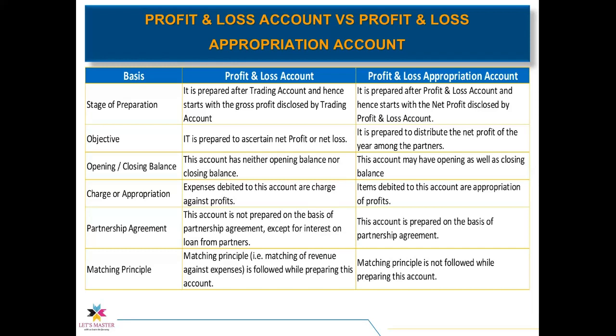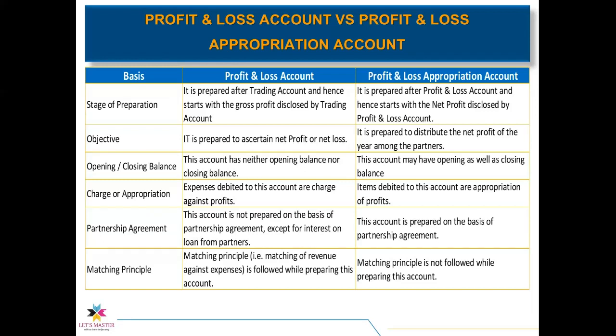Yes, we follow the accrual basis of accounting and we may record some transactions and show them as liabilities, and we have a choice in terms of whether to pay them now or at a later stage, but we don't have a choice in terms of whether we want to pay them or not. So that's why expenses debited in this account are charged against profit.